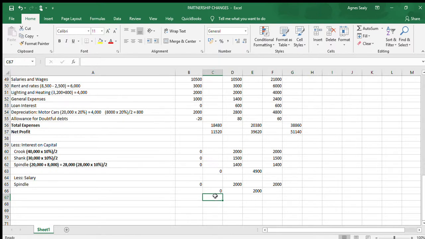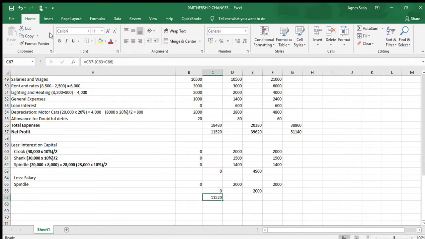So therefore our remaining profits for the first period of the year would be the profits we had here minus anything from here, which is the same 11,520.